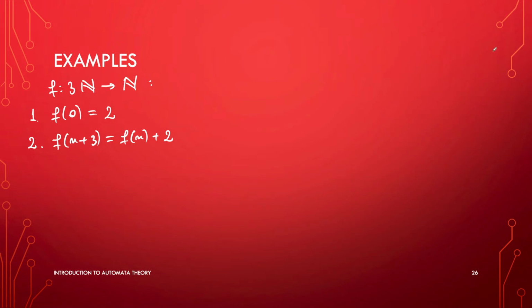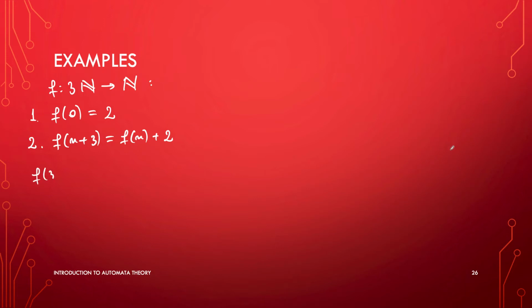And because 3N was defined recursively, starting from 0 and then going from each n to n plus 3, using this strategy we have a value defined for each element of 3N. So here is an example of how this would go.